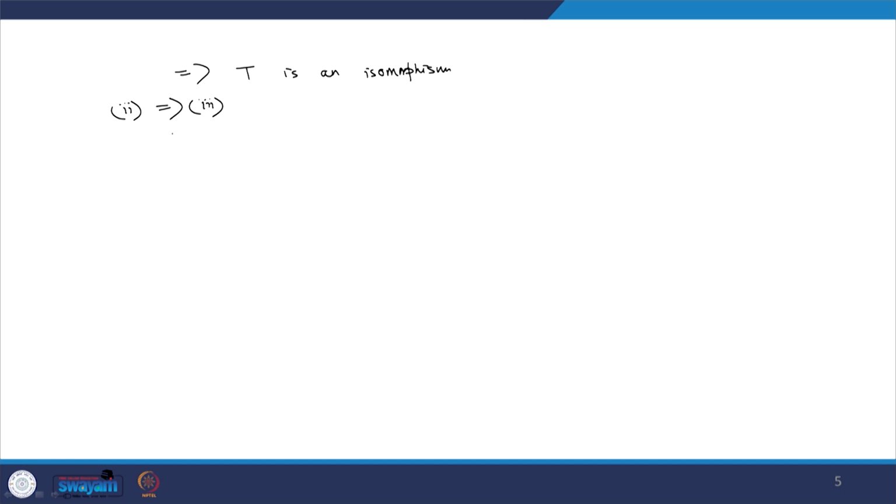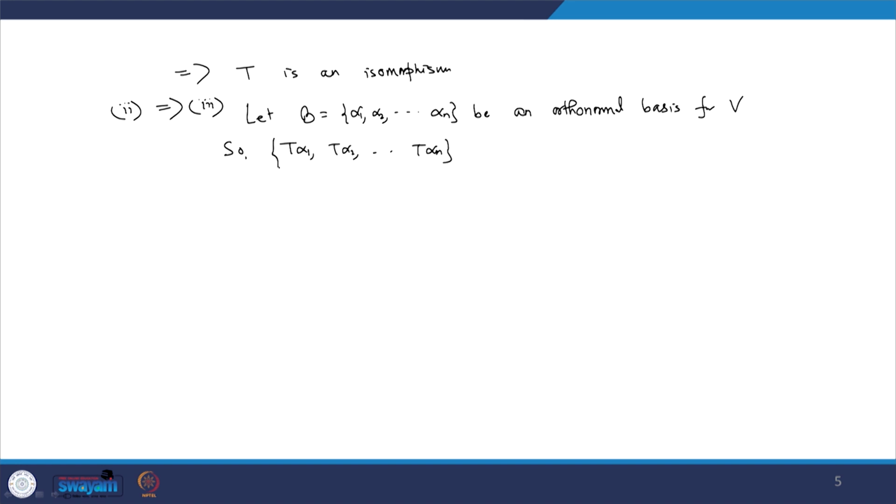I have to show that it carries an orthonormal basis for V onto an orthonormal basis for W. So, let B equal to alpha 1, alpha 2, up to alpha n be an orthonormal basis for V. Then T alpha 1, T alpha 2, up to T alpha n will be a basis for W, because T is 1 1.